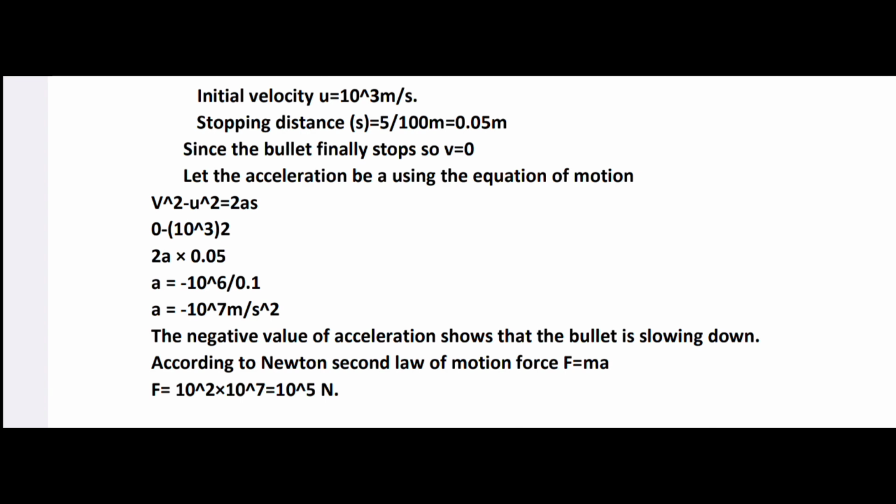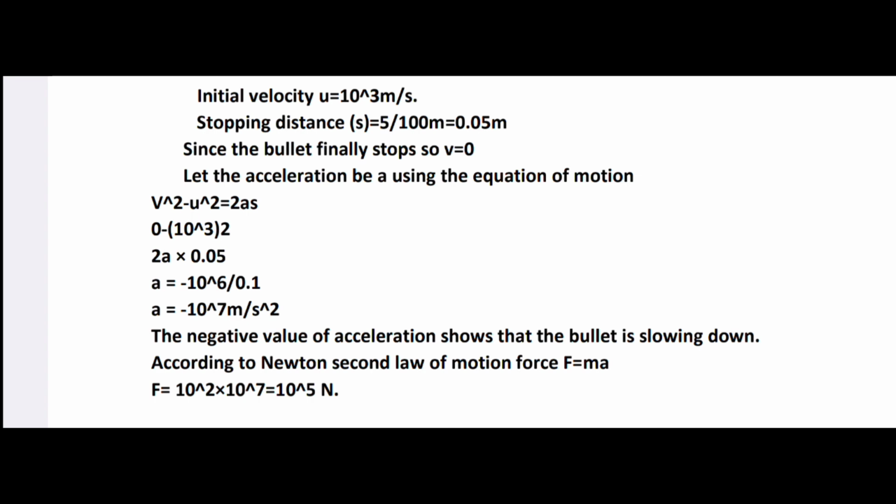Let the acceleration be a. Using equation of motion v square minus u square is equal to 2as. Putting the value, 0 means v, final velocity of the bullet. 0 minus u, 10 raised to power 3 square, equals 2a into 0.05.